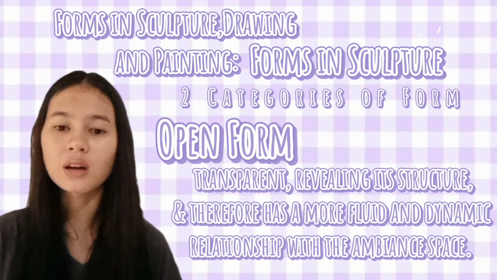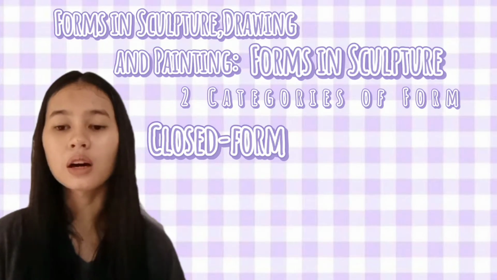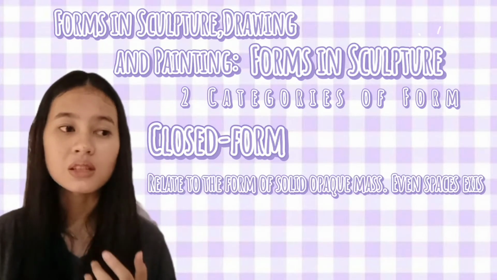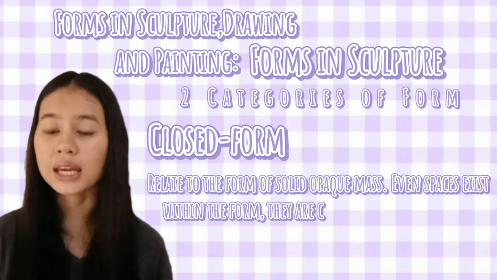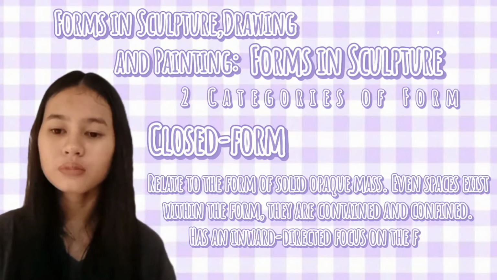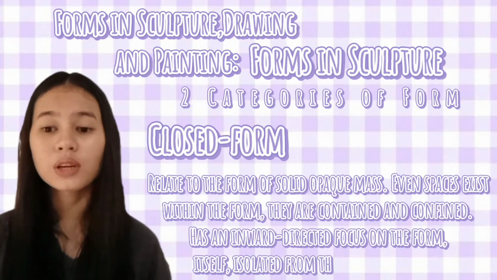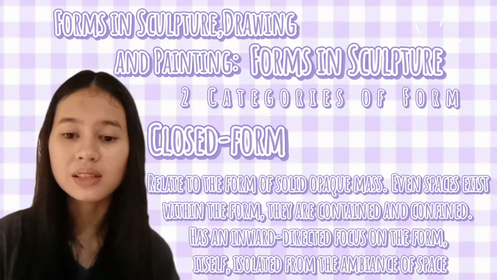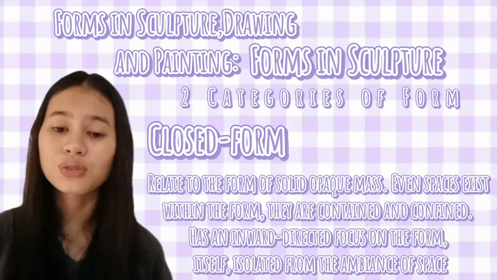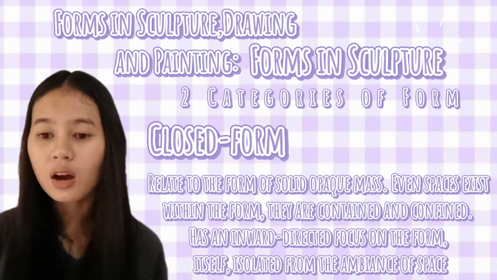The second one is the closed form. It relates to the form of solid opaque mass. Even if spaces exist within the form, they are contained and confined. It has an inward-directed focus in the form. It is isolated from the ambience of space. So in short, a sculpture that is not a solid mass is considered an open form sculpture.